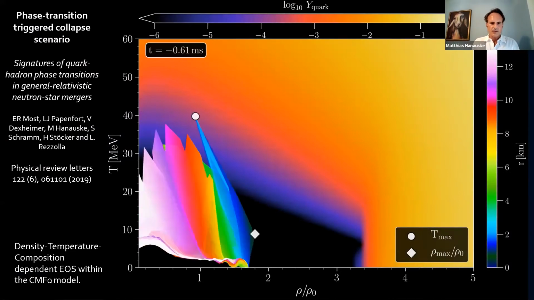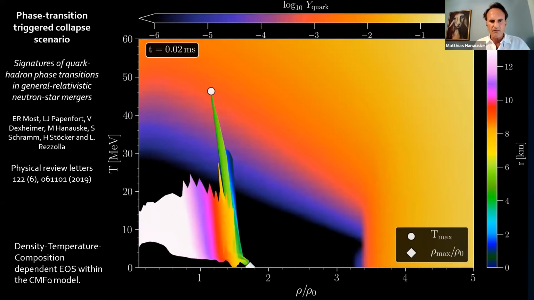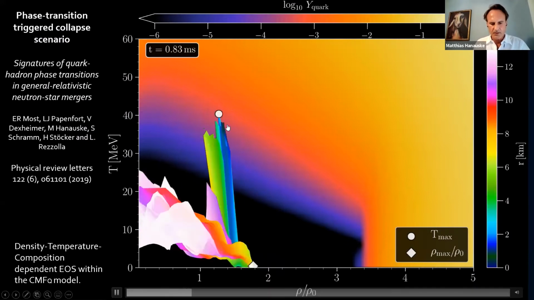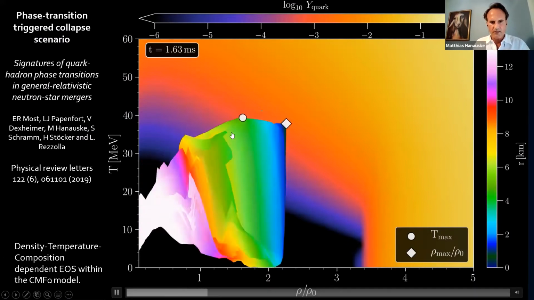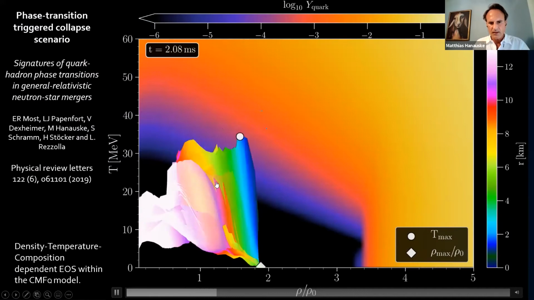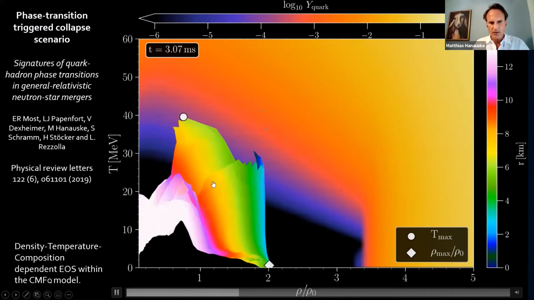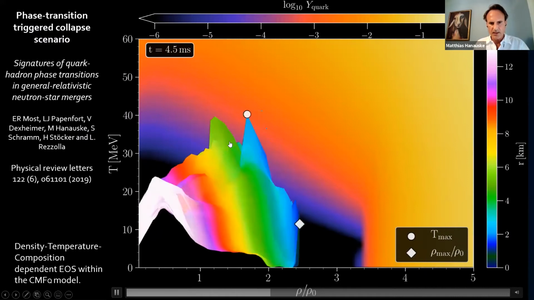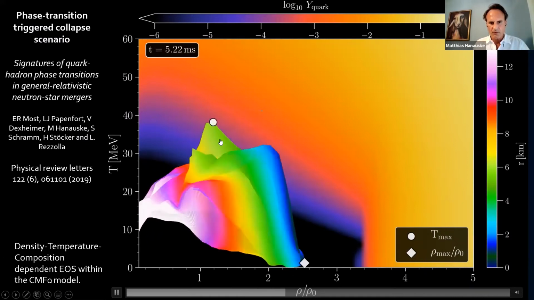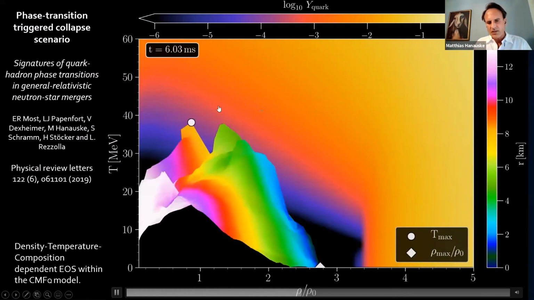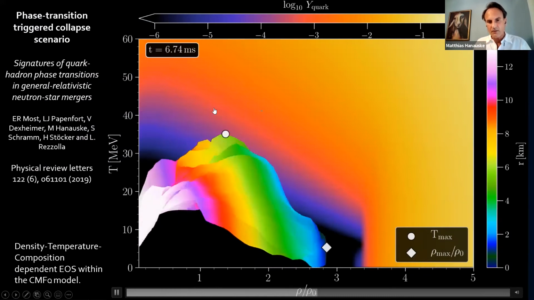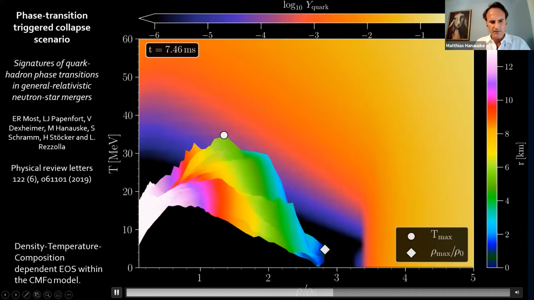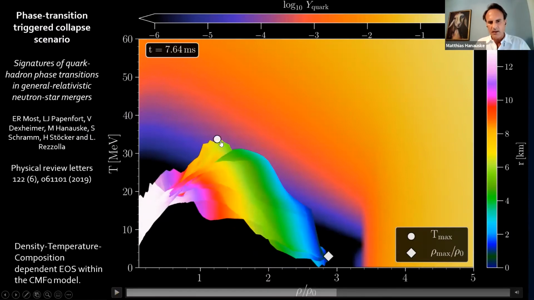So this is just the merger part, the violent transient post-merger evolution. Here again, what the remnant is doing in the temperature versus density plane. These are the temperature hotspots over here, which contain deconfined quark bubbles. Maybe I can stop right here.